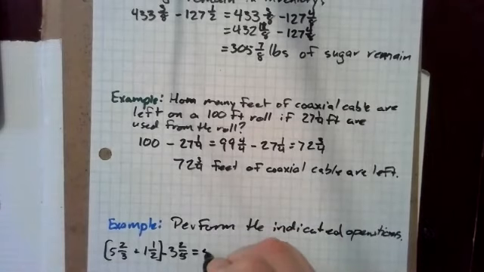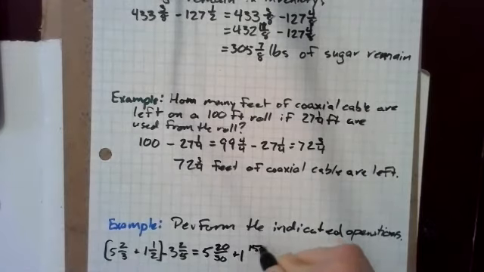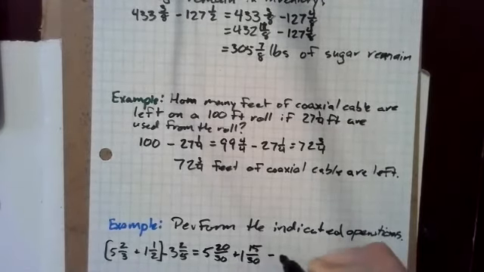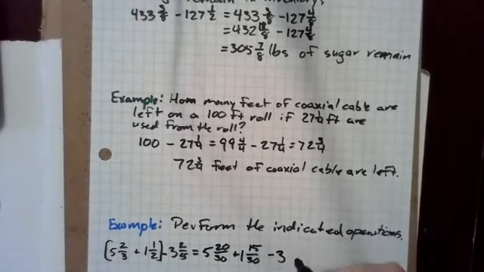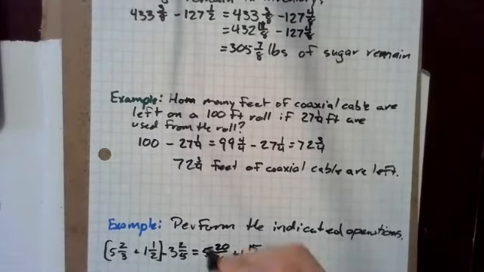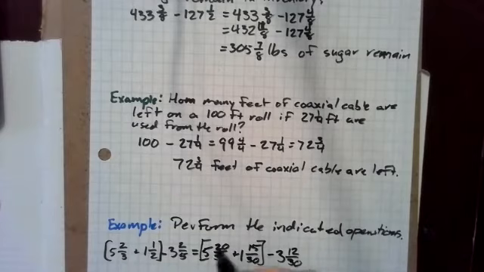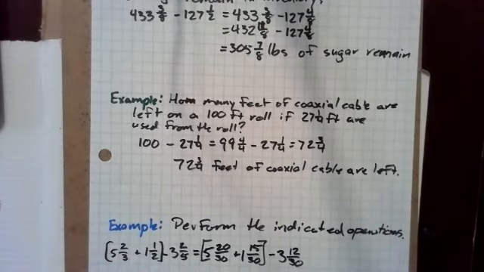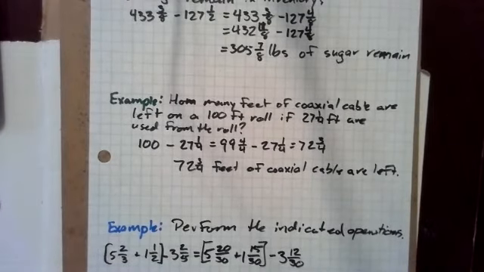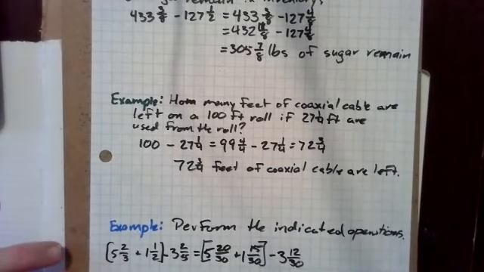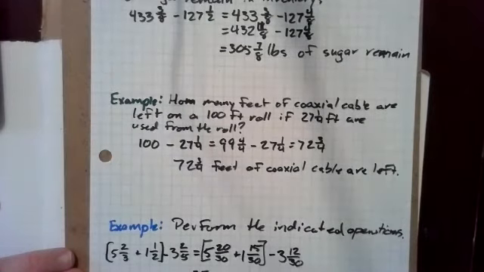So that's going to be 5 and 20/30 plus 1 and 15/30 minus 3 and 12/30. So first we'll add these two together. That's not going to be too hard. That's 5 and 20/30 plus 1 and 15/30. I'm just going to leave the mixed number here with an improper fraction because we're going to be subtracting anyway. So that's 6 and 35/30 minus 3 and 12/30.